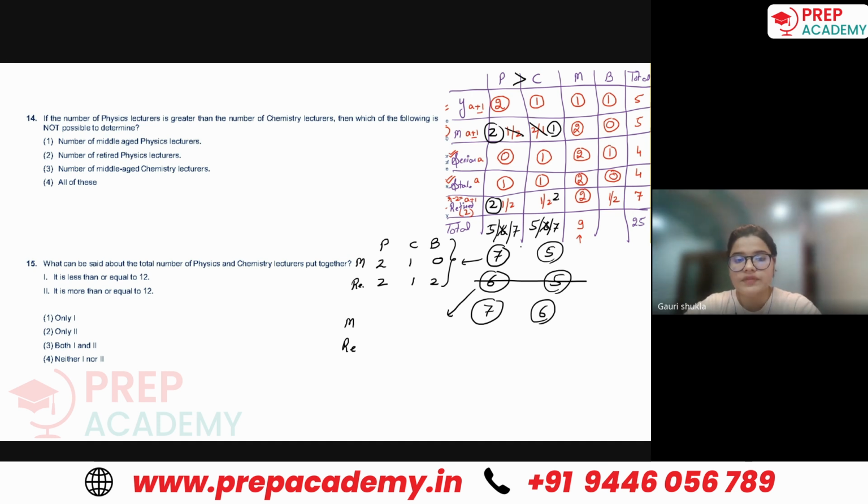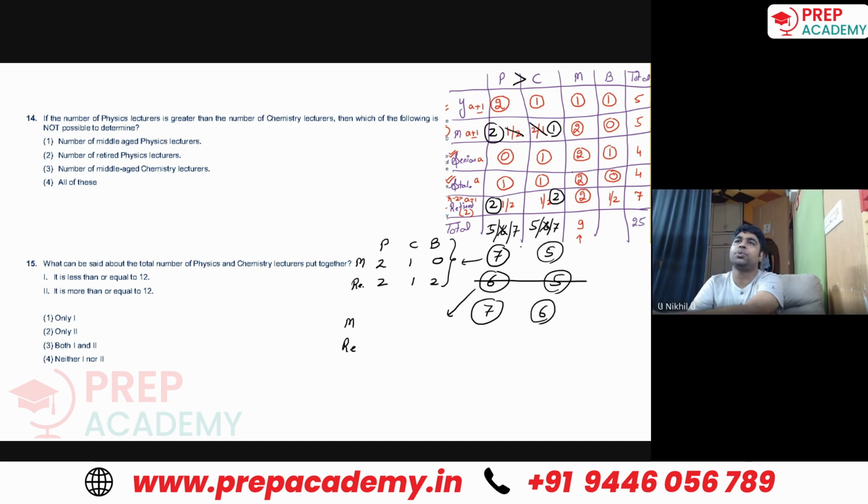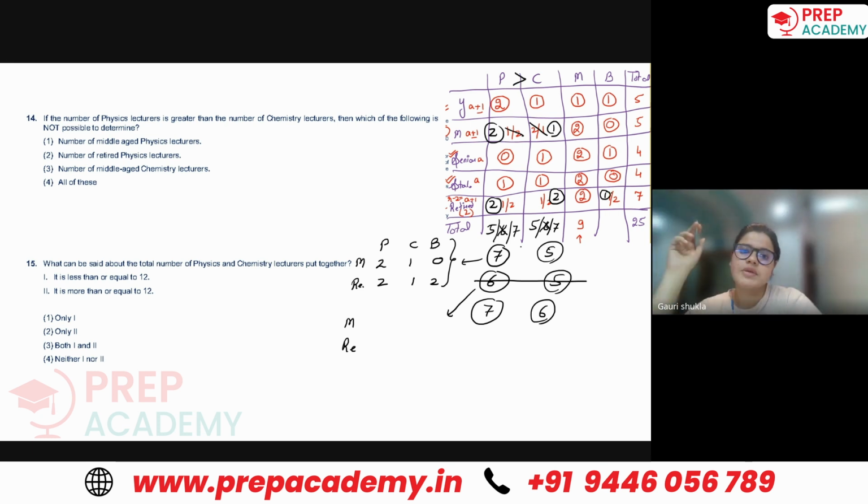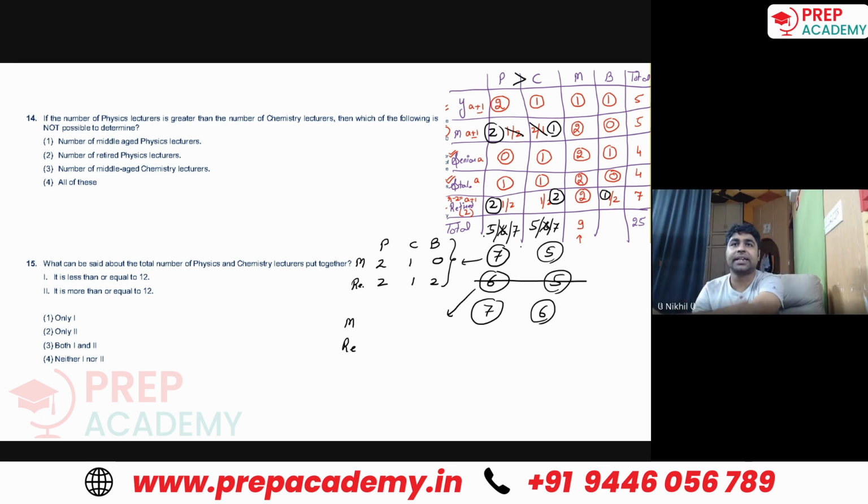Then this also has to be 2. So 1, 2, 3, 4 and 2, 6. So the 7 and 6 case is taken here. So if both of them get 2 and 2, this has to be 1 only. Yes. So the next case for the PCB part would be 2, 1 and 0. And this would be 2, 2 and 1.